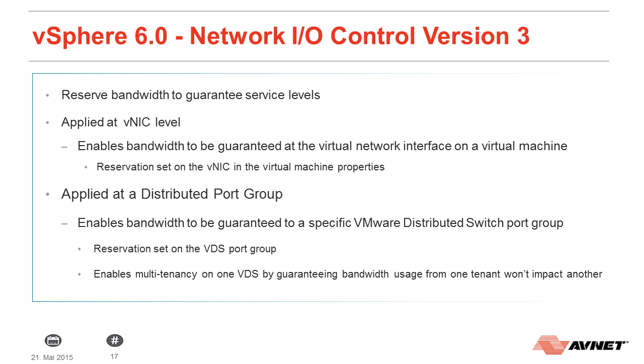So we now have the ability to do bandwidth reservations to help with quality of service and service level guarantees. We can apply those at the virtual NIC level. So that lets us begin to tailor the reservation management to a specific virtual machine.